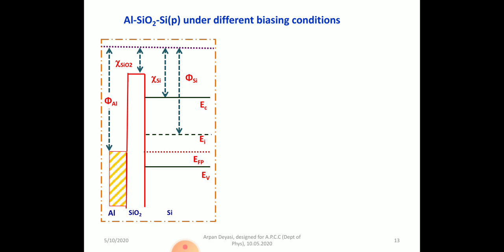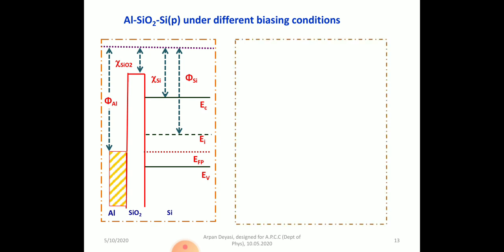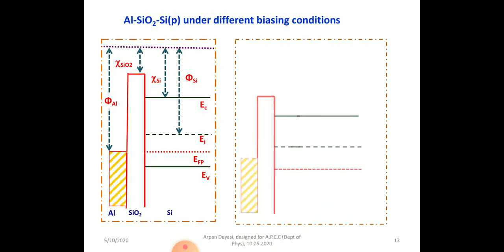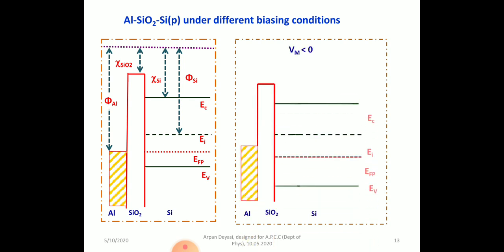There is nothing new, so I am not discussing it in more detail. Now come to the case of application of bias, and I am trying to start with a voltage less than 0. That means I am applying metal side as less than 0.